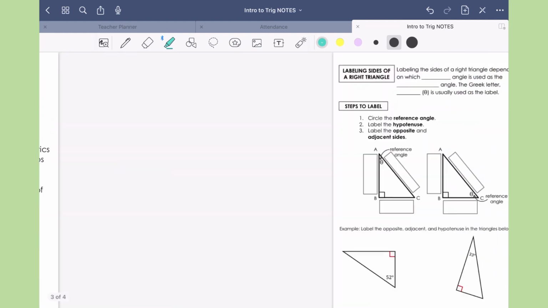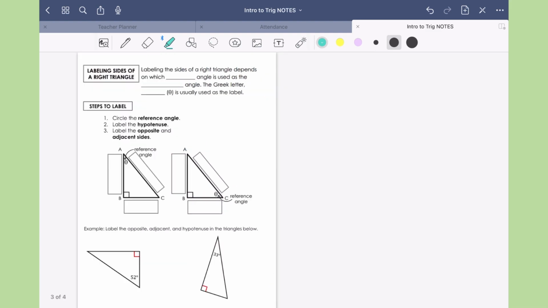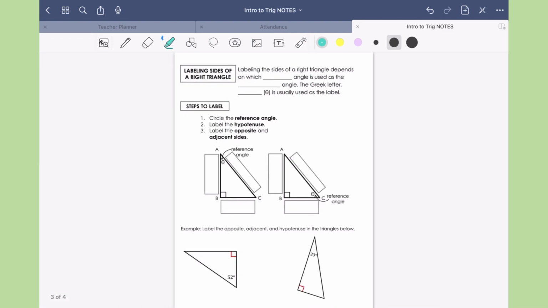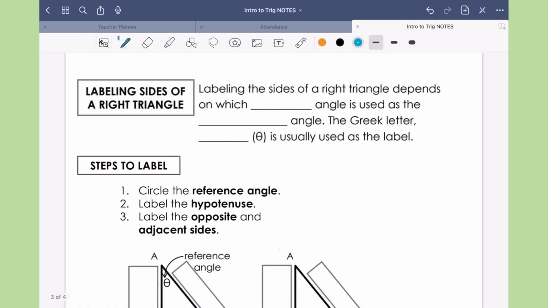So let's go over here. And that is the goal for today, to learn how to label the triangle, and how to use the scientific calculator. So let's start with labeling. Labeling the sides of a right triangle depends on which acute angle they use for the reference angle. So there's that word we saw in the front, reference angle.